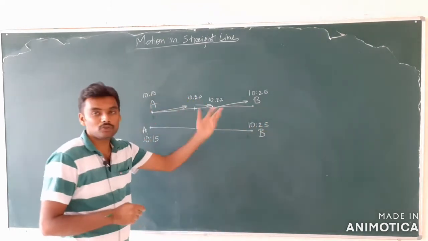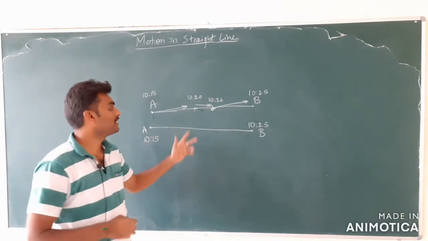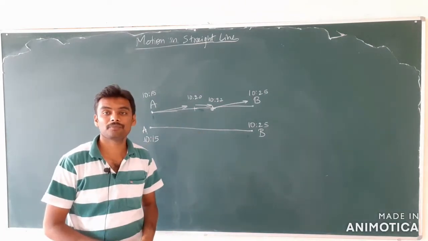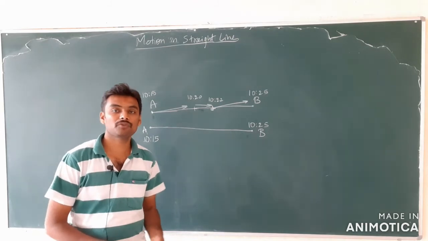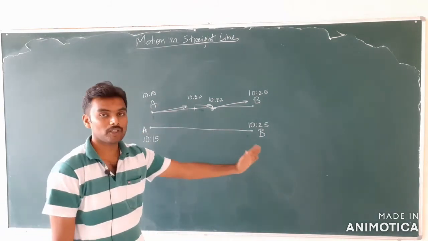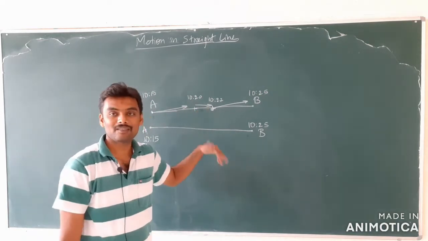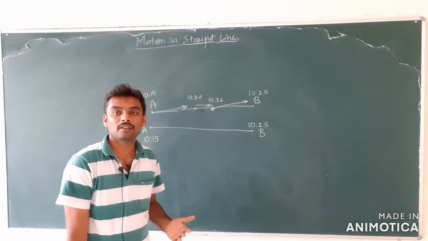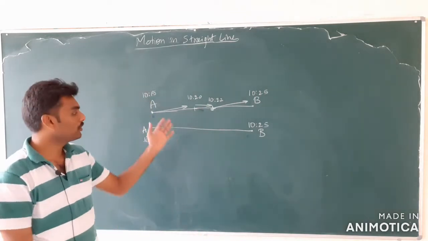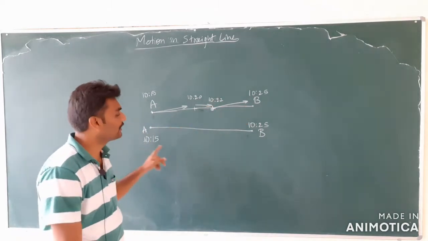So for these two motions, when we compare them, the average velocity for both the motions is the same, isn't it? The average velocity is the same because average velocity is total displacement by total time taken. Displacement is the same for both the bodies. The time taken is also the same for both the bodies, isn't it? It is exactly 10 minutes for both.